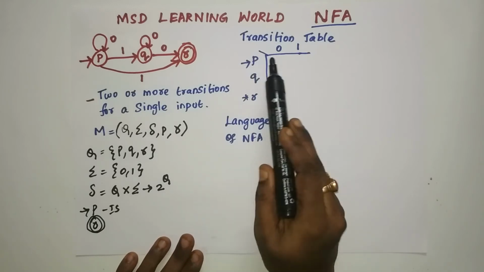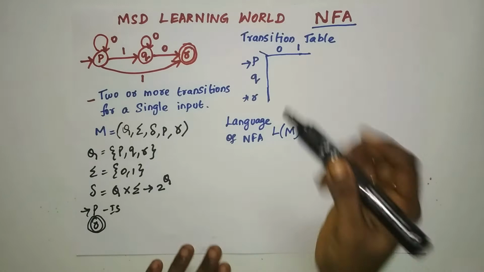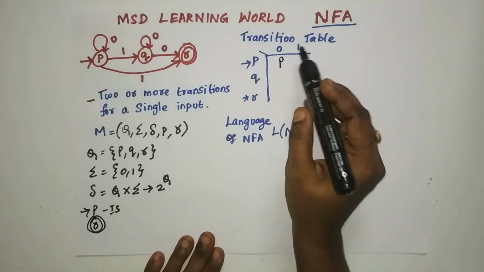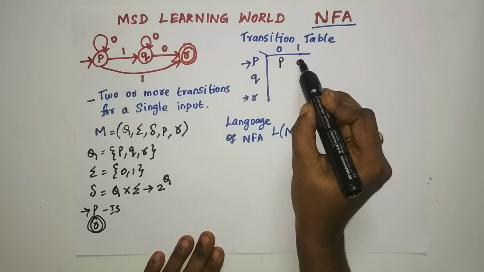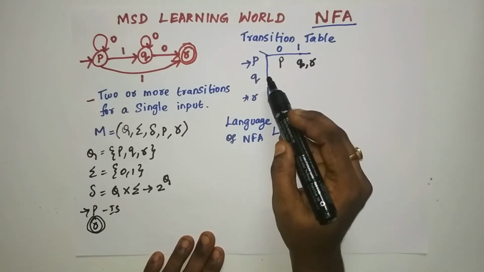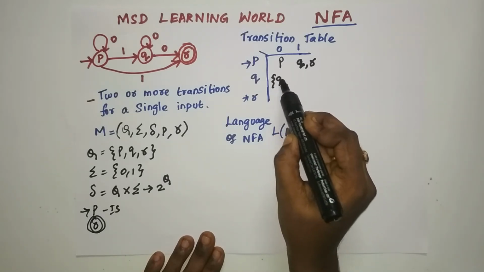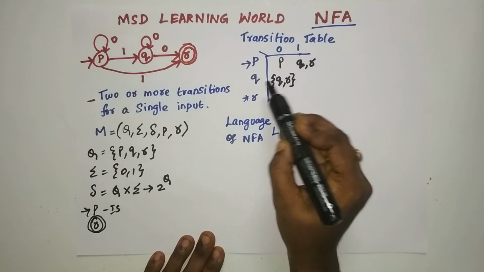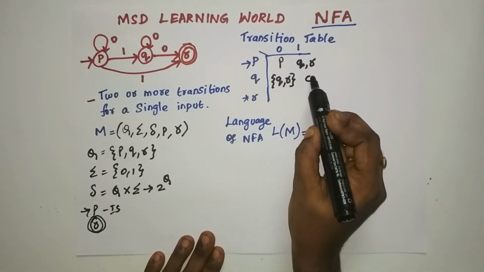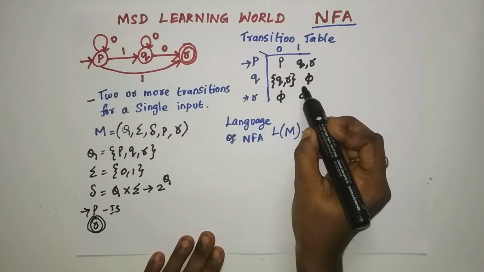For P comma 0, the machine is in the state P. For P comma 1, the machine is going to the state Q as well as to R, so Q comma R. For Q comma 0, the machine is going to Q as well as to R. For Q comma 1, the machine is not going to any state, so it is phi. For R comma 0, phi, and for R comma 1, phi.